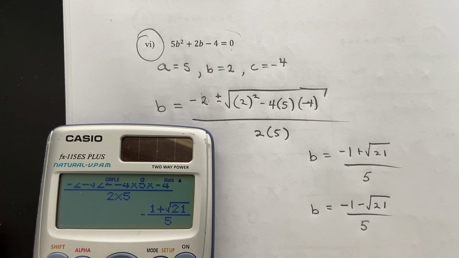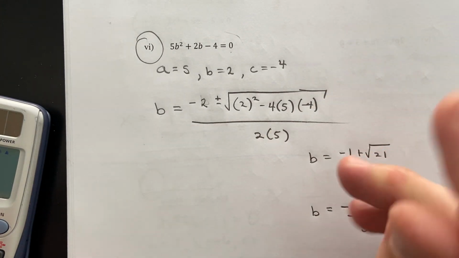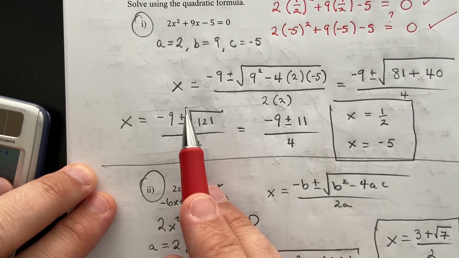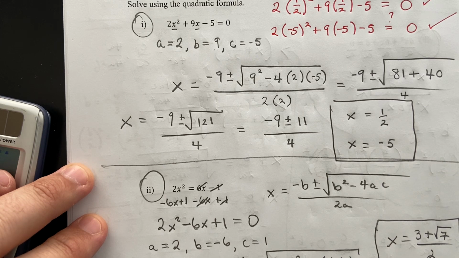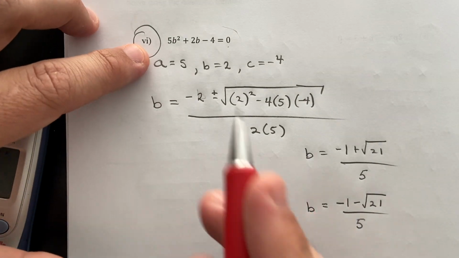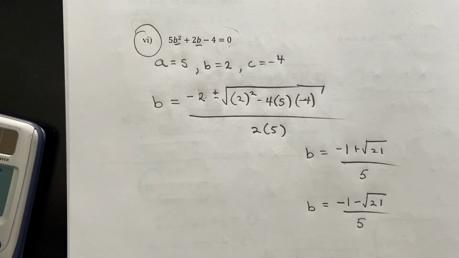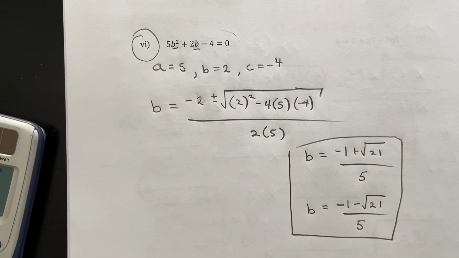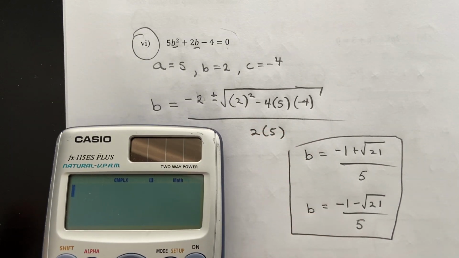And notice instead of x equals, right? Because on the previous ones, we have x equals because that was our variable. In this case, it's b, so that's why I have b equals. So it looks like these are our solutions for that one. Let's go ahead and check just one of them maybe.